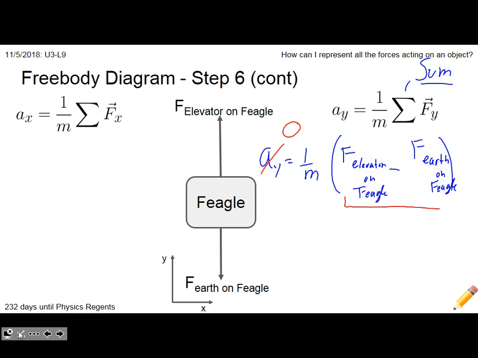All right. So what is this equal to? Also 0. And so I have the force of the elevator on Fiegel minus the force of Earth on Fiegel equals 0.